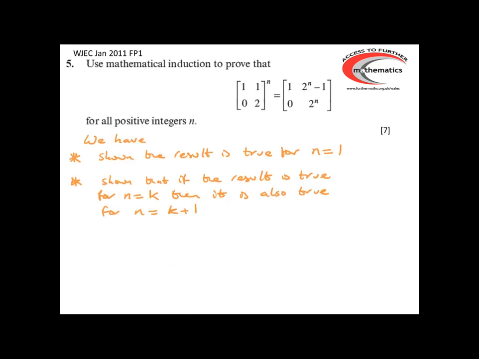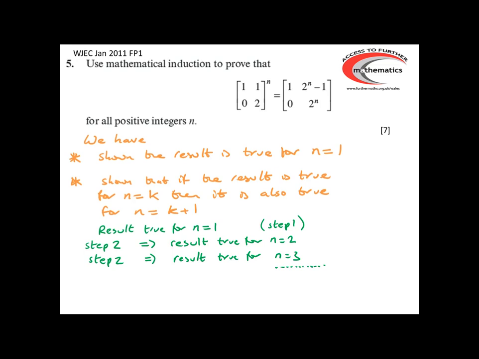So at this stage, we've shown that the result is true for n equals 1, and we've also shown that if the result is true for n equals k, then it is also true for n equals k plus 1. So we know the result is true for n equals 1. Using step 2, if the result is known to be true for n equals 1, then it is also true for n equals 2.